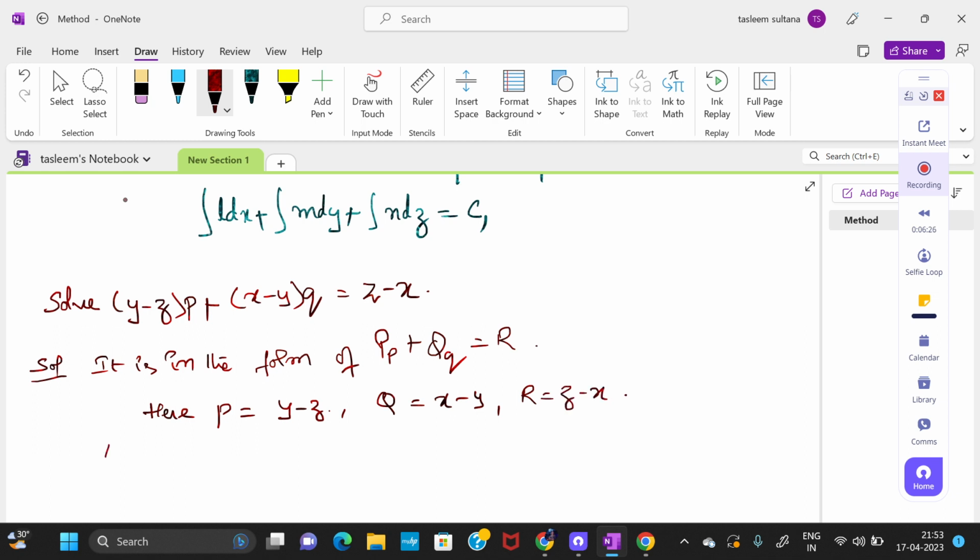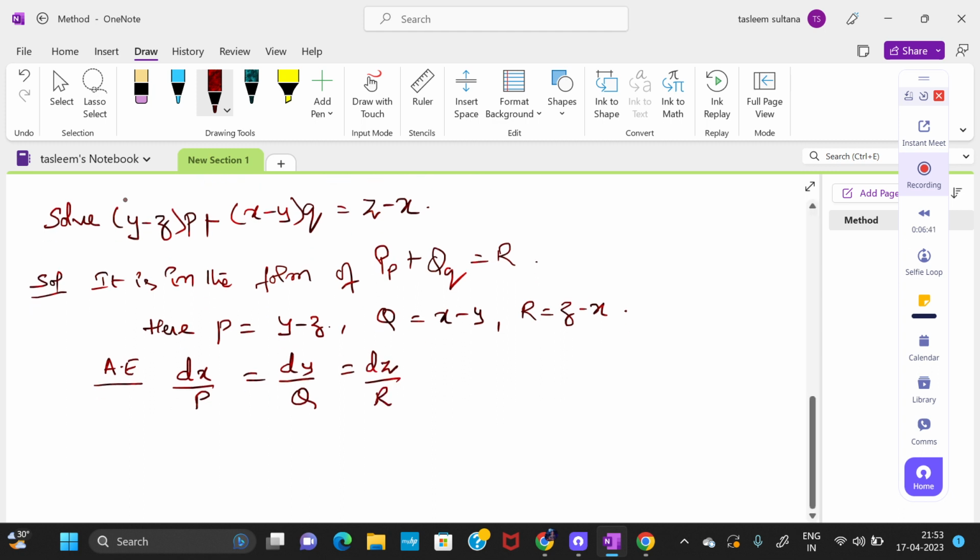First, we'll write the auxiliary equation: dx by P equals dy by Q equals dz by R. Substituting the values: dx divided by y minus z equals dy by x minus y equals dz by z minus x.